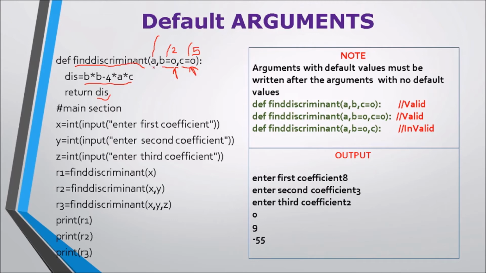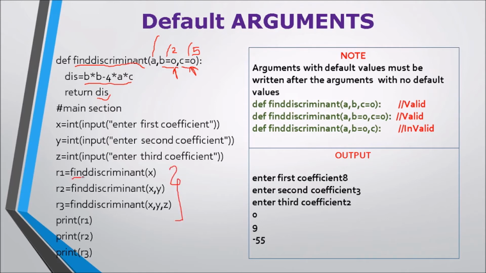When we write in the function definition, along with the name of the parameter, an equal to symbol and give a value, that value is said to be the default value for the argument, and that value is used when that parameter is missing in the function call. You can see there are 3 function calls in this one.